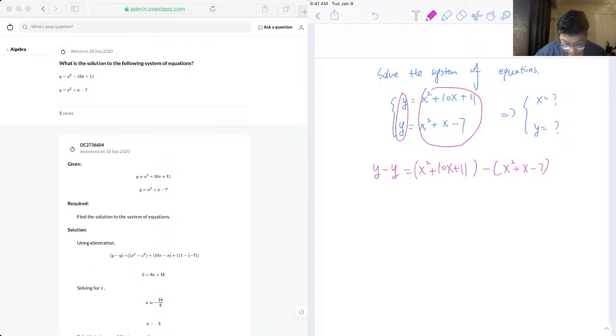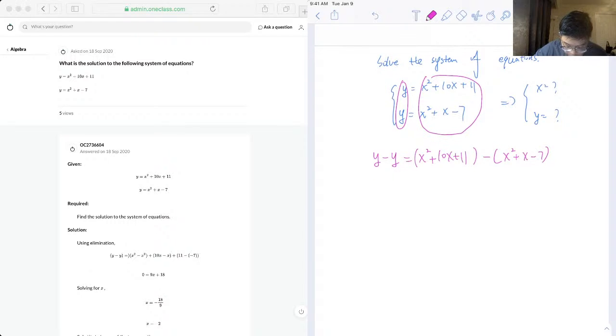Just remember, because there's a subtracting sign, we put the second part of the equation into brackets. So for y minus y, we have 0. And now we can get rid of the brackets.